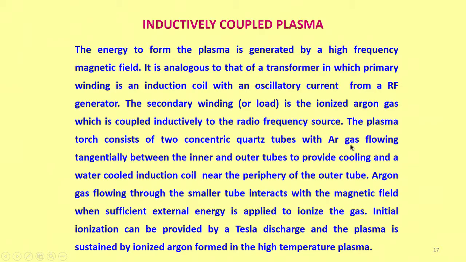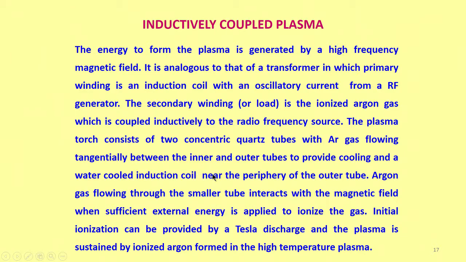There argon gas is flowing tangentially between the inner and outer tubes to provide cooling, because when the temperature is raised, how much? 11,000 degree Kelvin. So, at 11,000 degree Kelvin, many things will melt. We do not want things to melt, is it not?